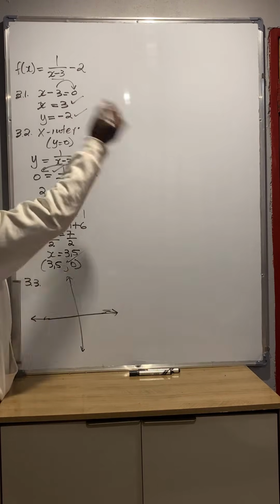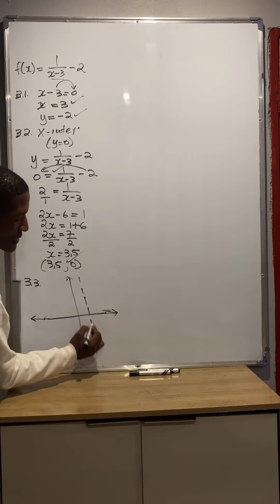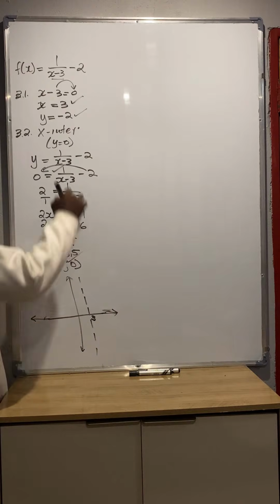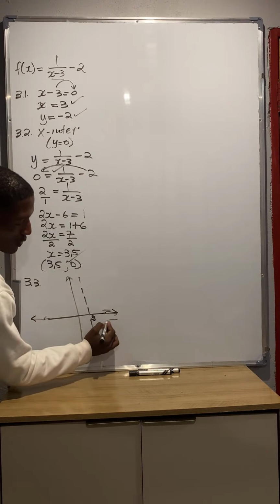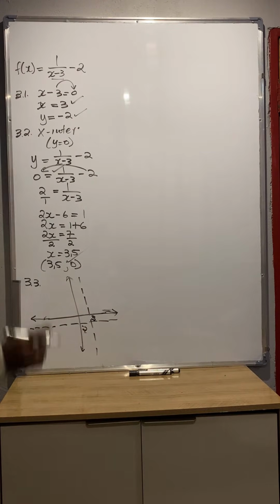X is positive, so it's on the right hand side, therefore our vertical line will be where x equals 3. Then number 2, y equals negative 2. You get 1 mark for each of these.